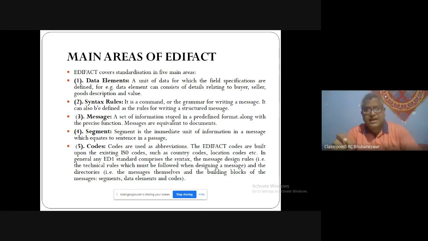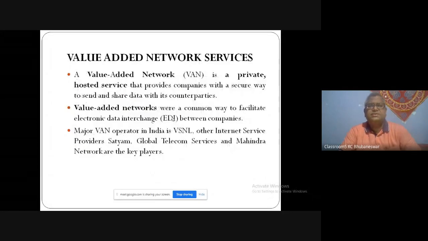There are data elements, buyer, seller, group description, and messages. A segment means which particular documents and messages relate to the prescribed form, and codes are also there. There are different codes for a particular product through which it can be usable. Different blocks and different source messages are also required.